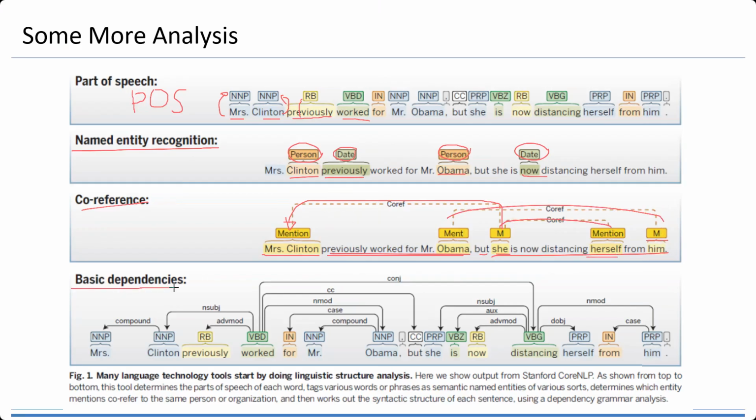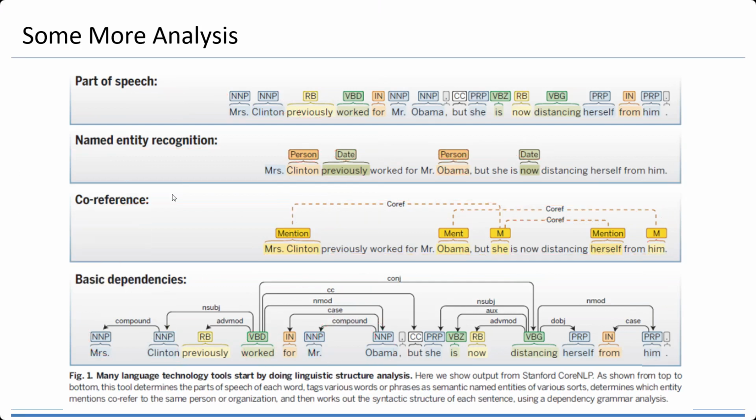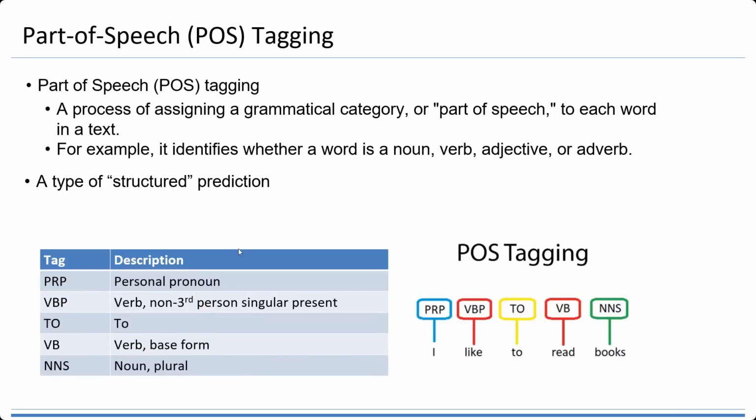And some basic dependency. Okay, so this is more complicated. If we have a subject, whether it is followed by a verb, it is followed by an object, and the object is a compound object, and so on. So the first is about the POS, part of speech.